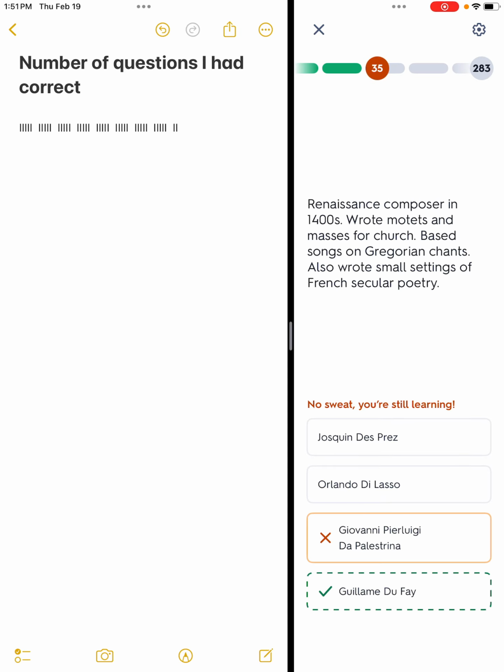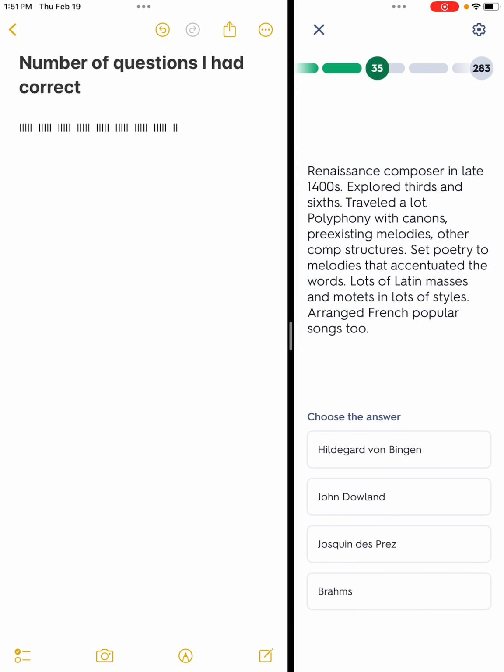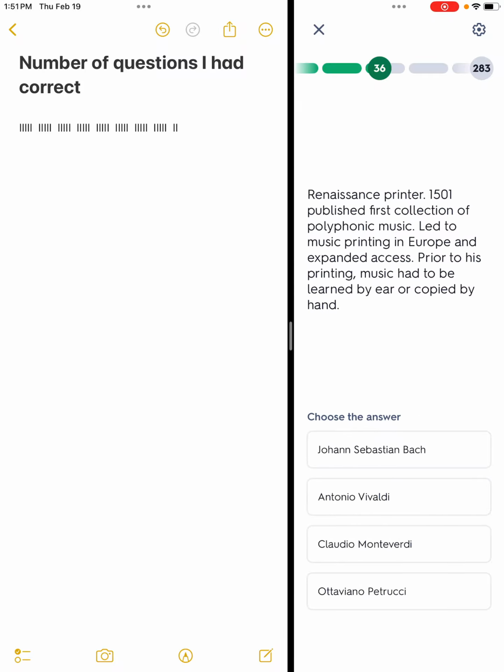Palestrina. Guillaume. Okay. Renaissance composer in the late 1400s. Okay. That would be Josquin des Prez.